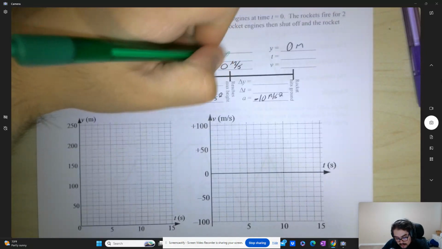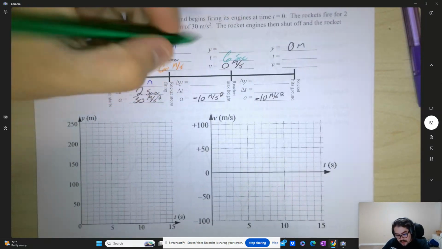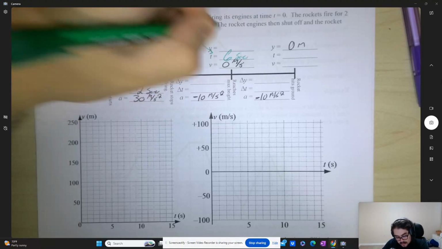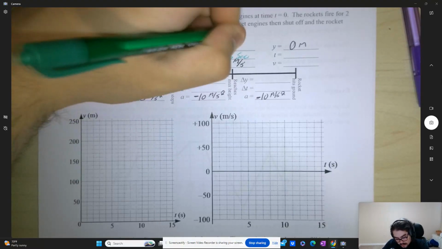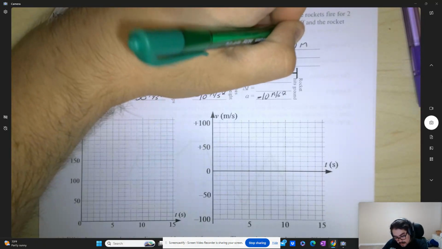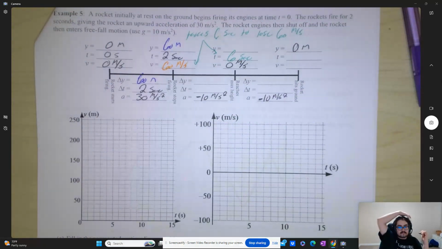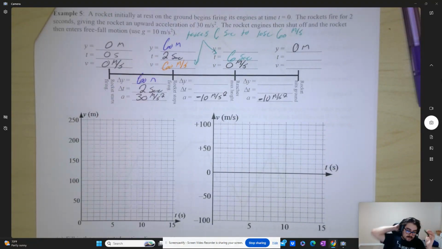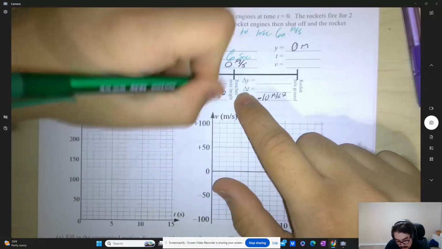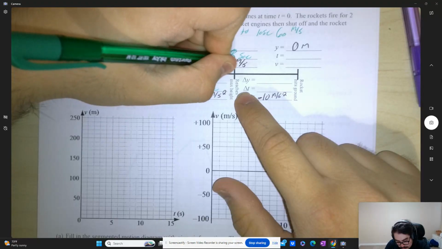So it takes 6 seconds to lose 60 meters per second. That's how we're able to get there. Oh, sorry. The change in time is 6 seconds, and then our actual time would be 8.